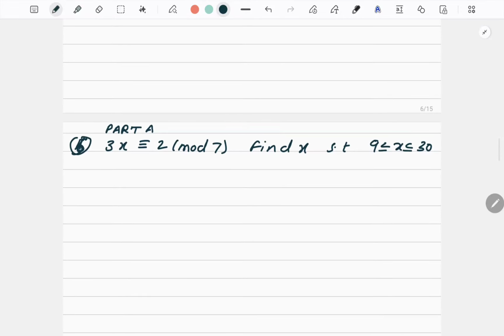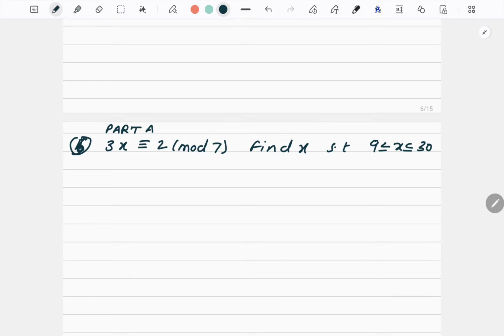Now my first question is 3x congruent to 2 mod 7. This is the fifth question of your question bank of part A. If 3x is congruent to 2 mod 7, find x such that x is between 9 and 30. Well said.